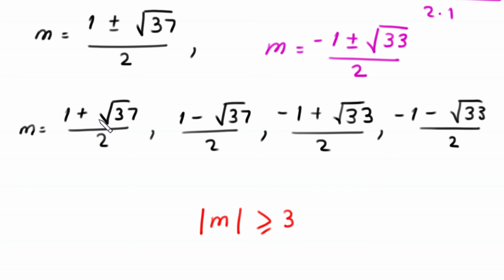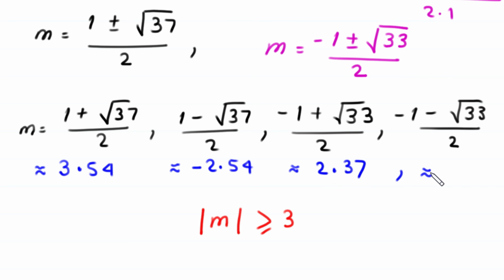This 1 plus root 37 over 2 is approximately equal to 3.54, and this is approximately equal to negative 2.54, and this is approximately equal to 2.37, and this is approximately equal to negative 3.37.